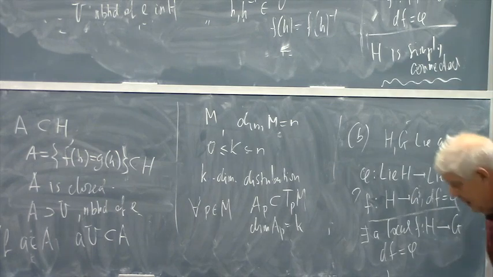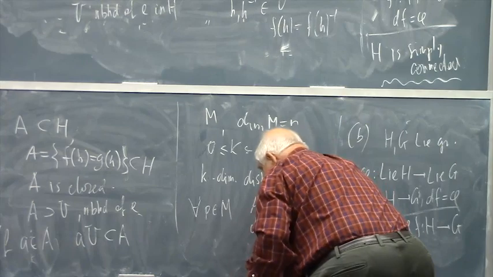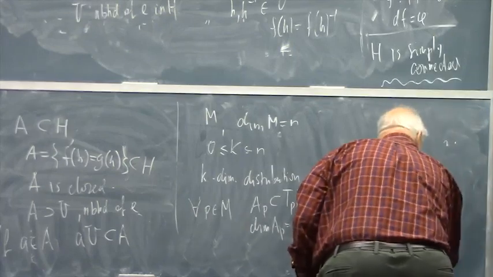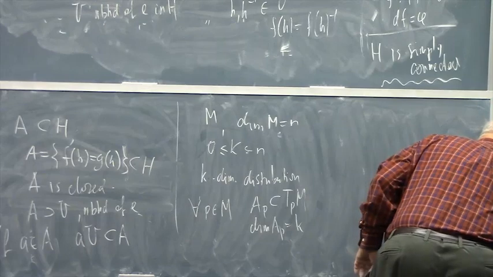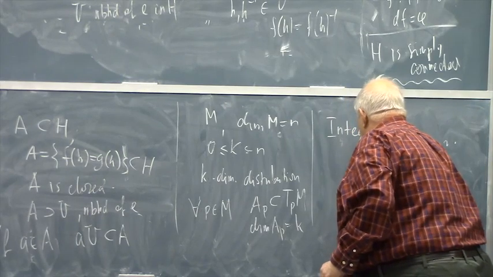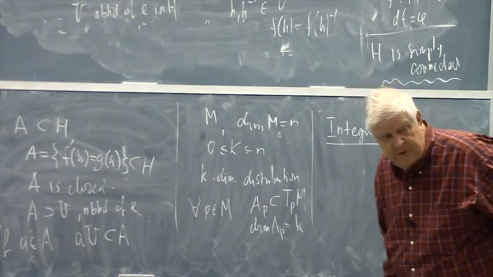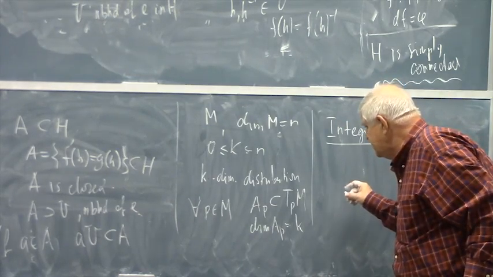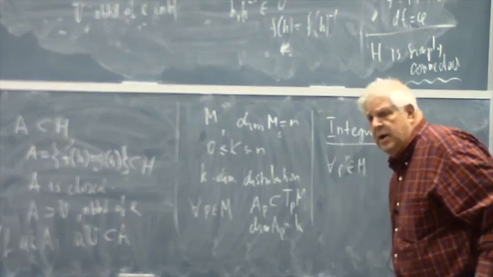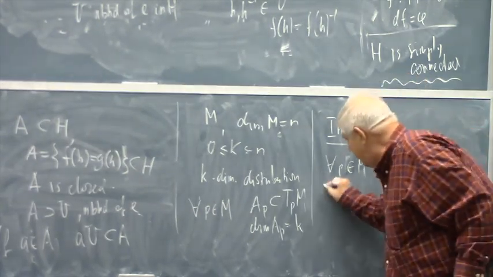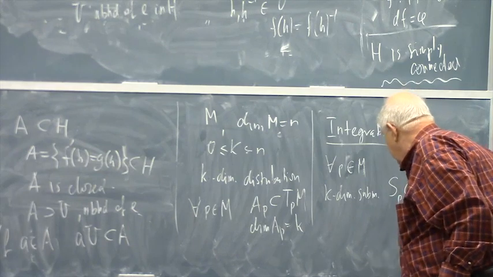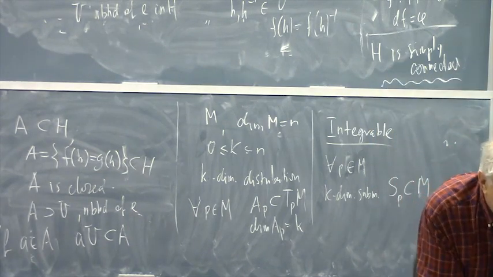Now, this distribution is called integrable if for every P in M there exists a k-dimensional submanifold S_P in M. For our purpose, it will be a very small submanifold.